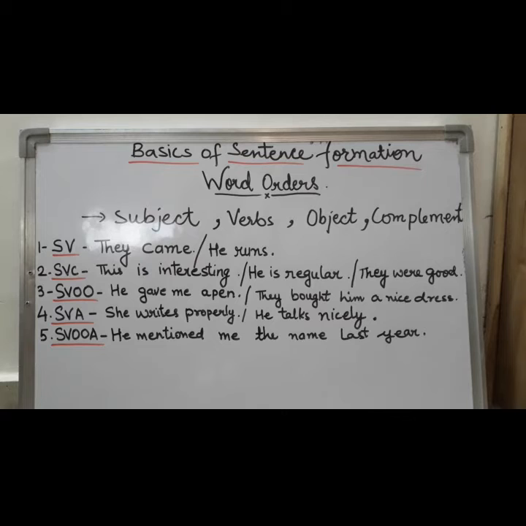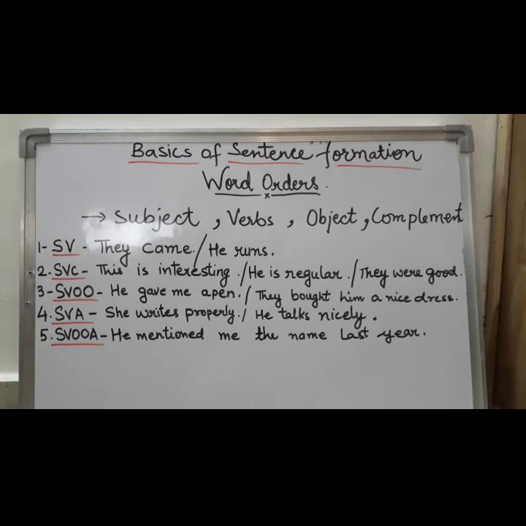So when you say these short sentences, only 3 components of the sentence are used, and they are subject, verb, and complement. Let's see the third one, SVOO. What is double O? Direct object and indirect object. When you use 2 objects in a sentence, they are given in this order.